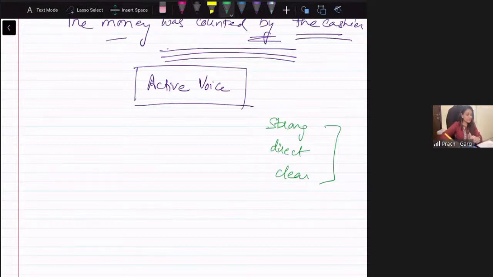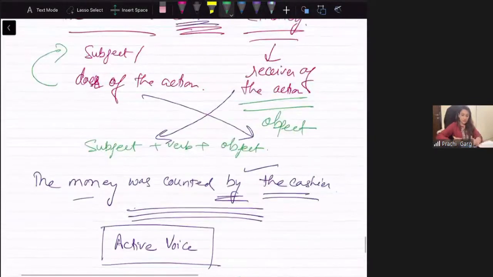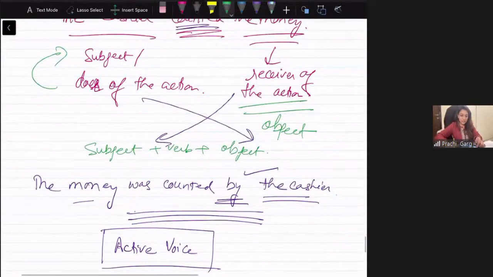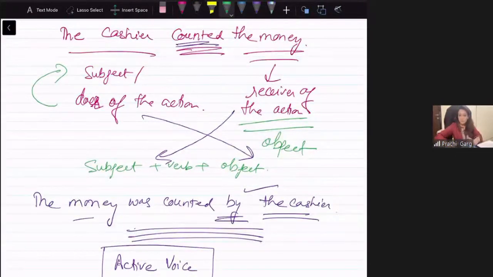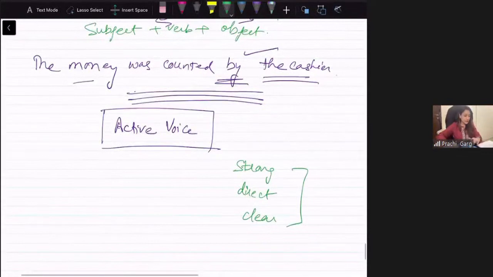Whereas the passive voice can use a lot of words. If you see, when you change from active to passive, the word limit increases. This is a very small sentence, but when you're speaking a longer sentence, it will change. So it becomes a bit confusing again. Some people might not understand what you're trying to say.